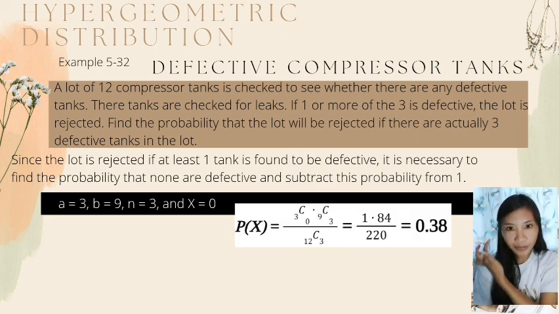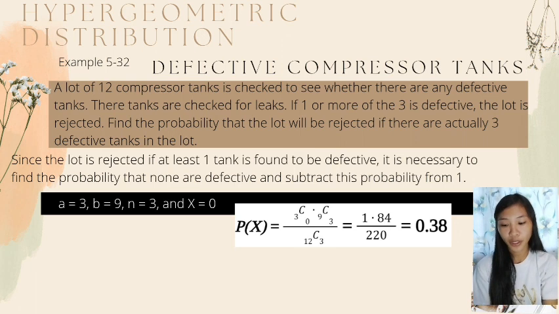So, probability of X is equal to combination of 3 and 0 times combination of 9 and 3 over combination of 12 and 3, which is equal to 1 times 84 over 223. Then the answer is 0.38.